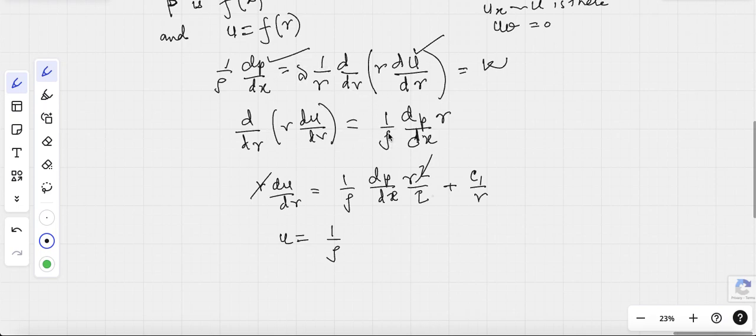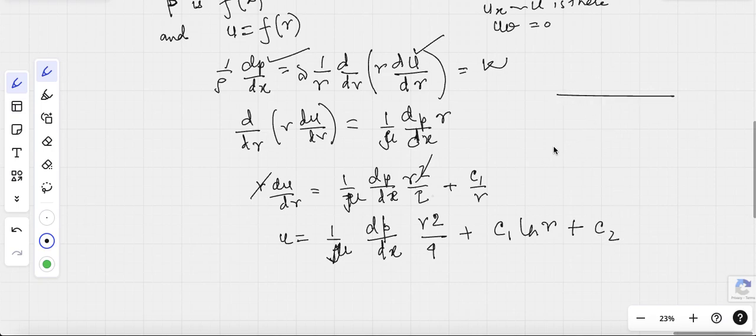So this will be 1 by mu, not 1 by rho, right? 1 by mu dp by dx r square by 4 plus c1 ln r plus c2.